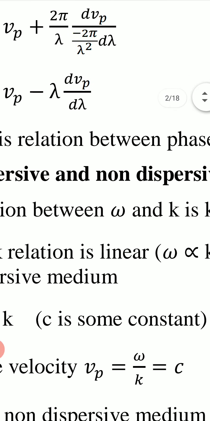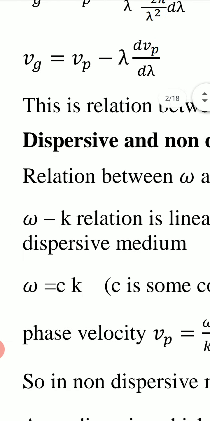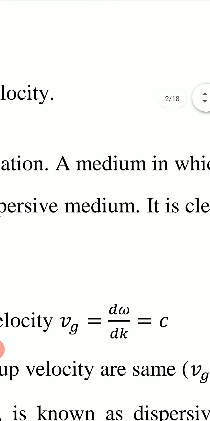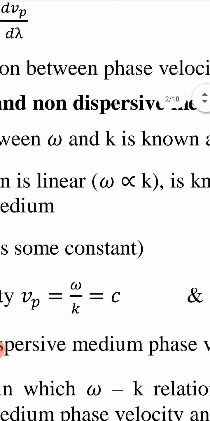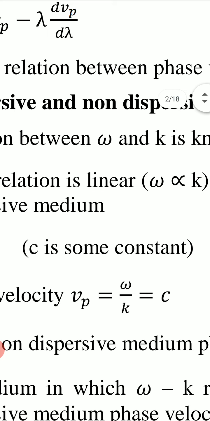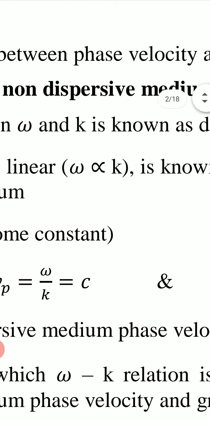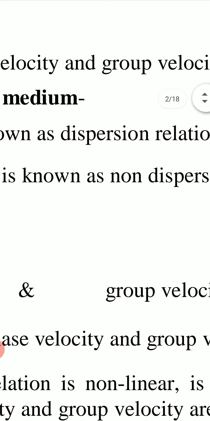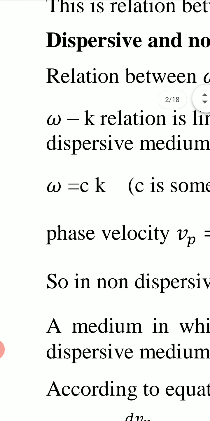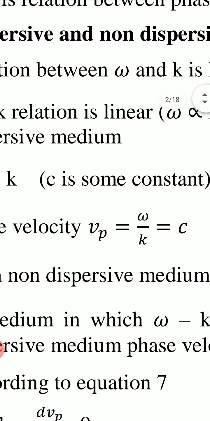Now we see what is dispersive and non-dispersive medium. The relation between omega and k is known as the dispersion relation. A medium in which this omega k relation is linear, that is, for which omega is proportional to k, is known as a non-dispersive medium. For a non-dispersive medium, we write omega equal to ck, where c is some constant.